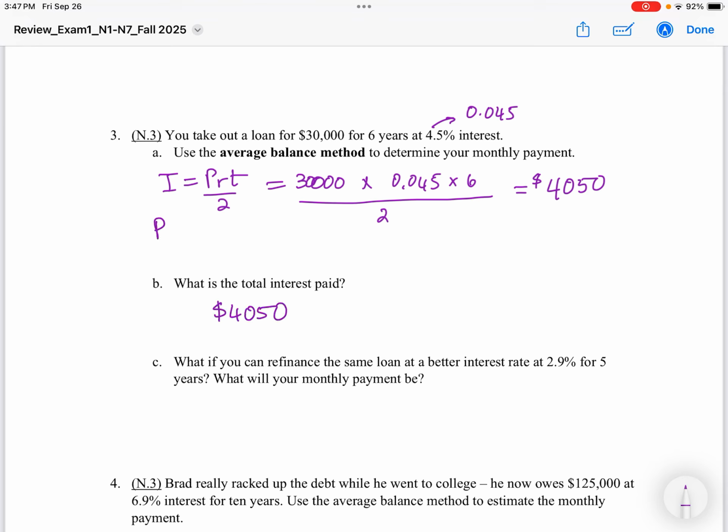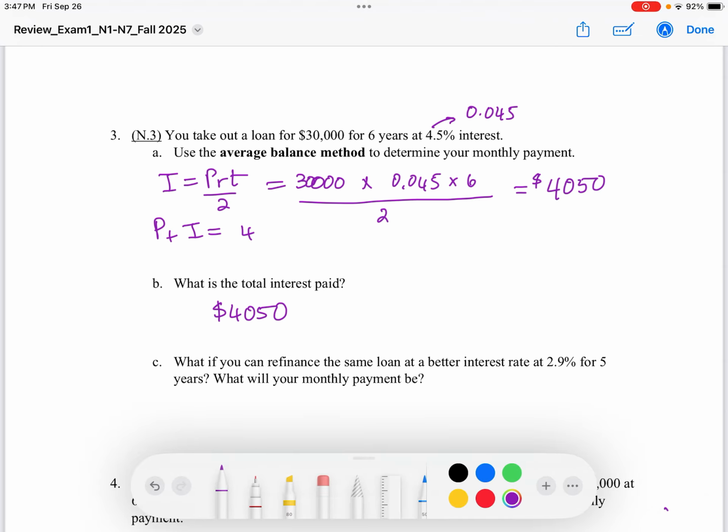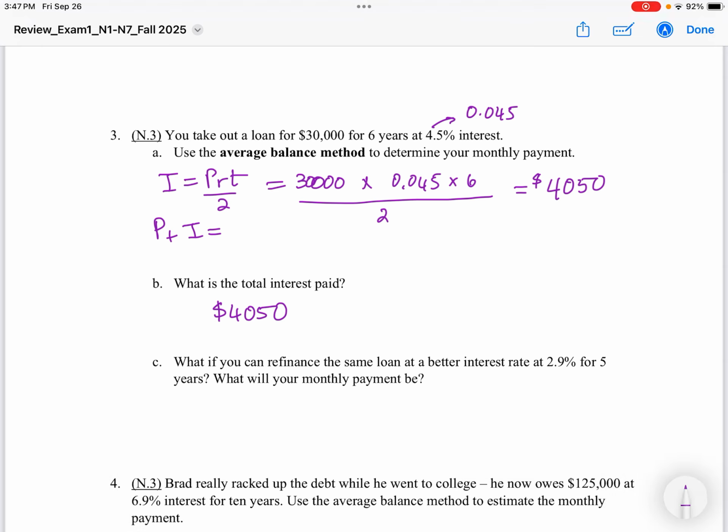Now add this principal to the interest to get the total amount that you're going to be paying. So you're going to do 30,000 plus 4,050, and that'll give you $34,050.